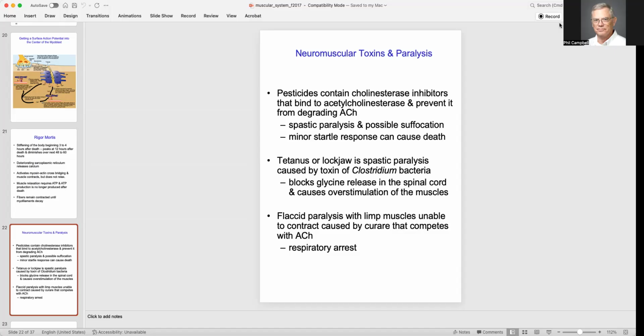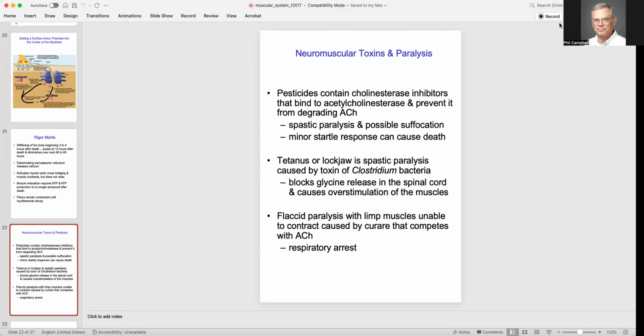Then we have the opposite. So what we can talk about are poisons such as curare, which will basically block the ability. So here's the synapse. Here's the presynaptic, postsynaptic membrane. Here are the neurotransmitters. They bind to the receptors on the postsynaptic membrane, right?